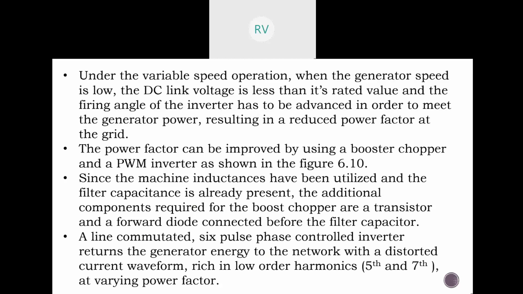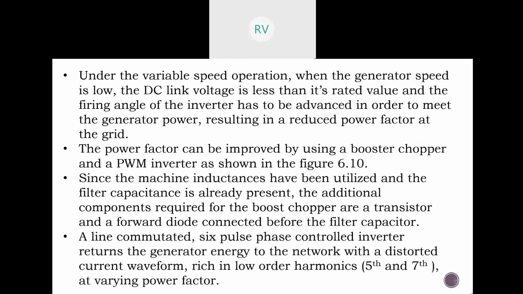So basically, in variable speed operation, when the generator speed is low, the DC link voltage will be less than the rated value, and because of that the firing angle of the inverter has to be advanced. That means we are moving the firing angle into an advanced state such that the generated power will be matched. But in this whole process, the power factor will be reduced at the grid.